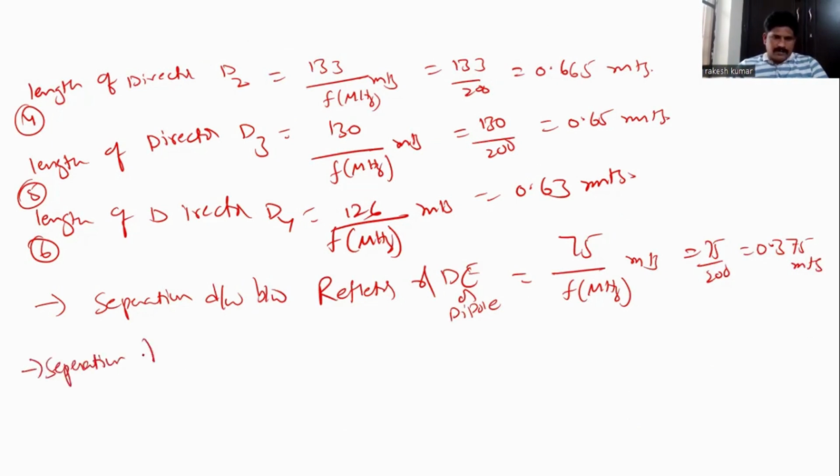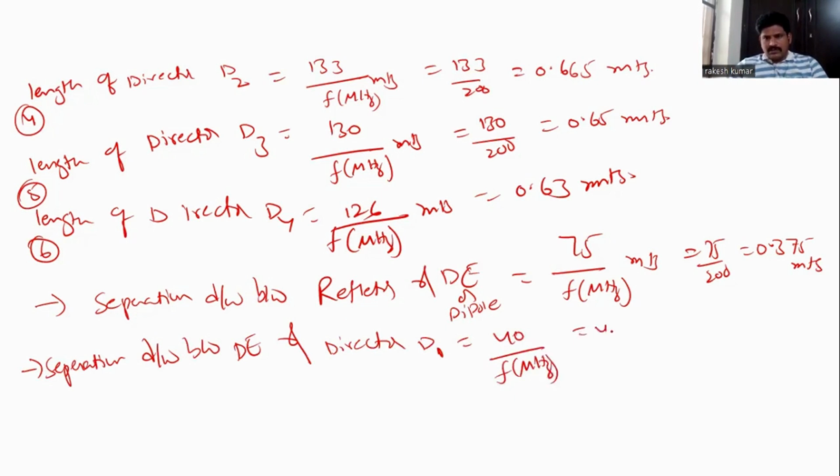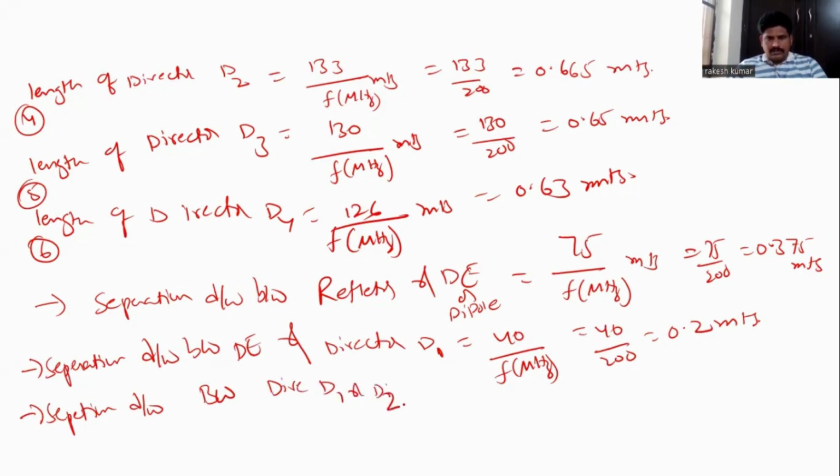Next, separation distance between driven element and director D1. The formula is 40 by F in megahertz, that is equal to 40 by 200, that is equal to 0.2 meters. Next, separation distance between director D1 and director D2. It is 38 by F in megahertz, equal to 0.19 meters.